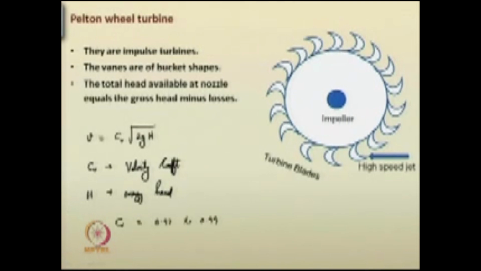In this particular case, the jet is hitting continuously some vane or bucket. In this Pelton wheel, a jet is coming and impacting here, and as soon as it gets displaced, the other bucket comes into that location.